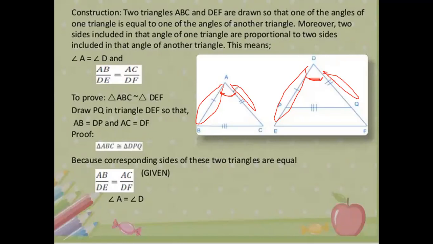So triangle ABC is similar to triangle DEF. Again, take note, this side is proportional to this side. This angle is equal to this angle. The other side is proportional to the other side, and therefore they are similar triangles because the length of the third side will just follow on this. So that is the third test, so that we can say that the two triangles are similar triangles.